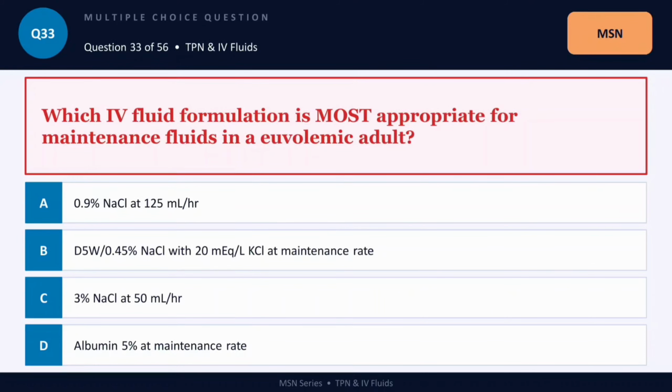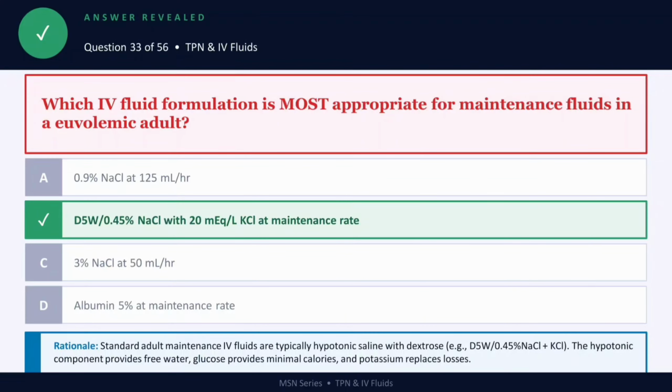The correct answer is option B, dextrose 5% in water with 20 mEq per liter KCl at maintenance rate. Rationale: standard adult maintenance IV fluids are typically hypotonic saline with dextrose. The hypotonic components provide free water, glucose provides minimal calories, and potassium replaces losses.